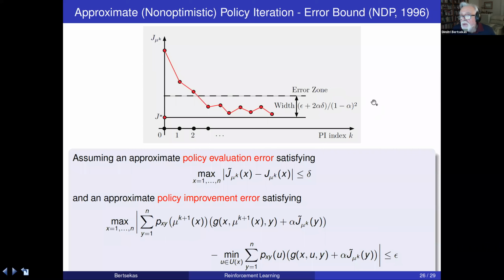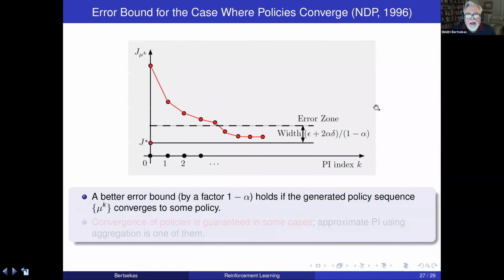Okay, here's an improvement to this error bound. Suppose that you use approximate policy iteration, but the policies somehow converge so that the mu k's are not oscillating back and forth, but rather they go to some policy and then they stop there, or they approach some policy.